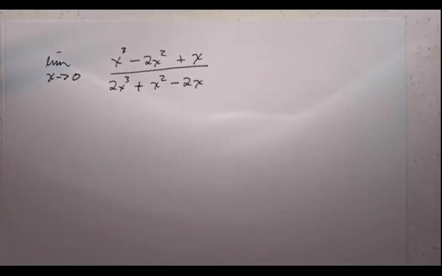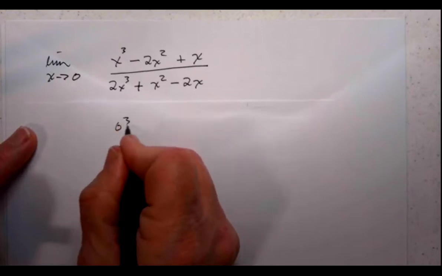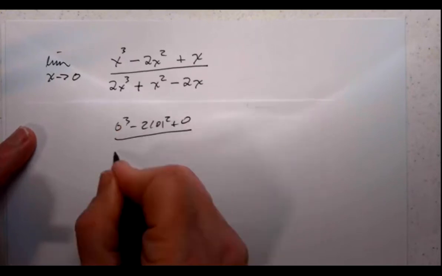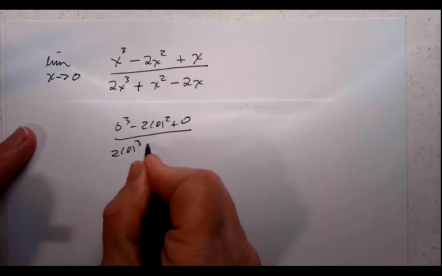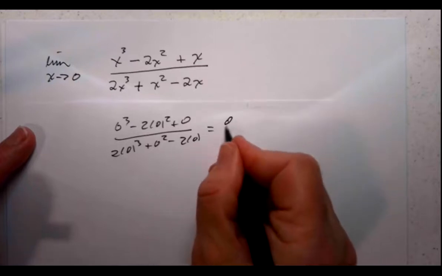So if we do our first strategy, which is just plugging something in, if I plug the 0 in, what do we get? We get 0 cubed minus 2 times 0 squared plus 0 over 2 times 0 cubed plus 0 squared minus 2 times 0. We get 0 over 0.